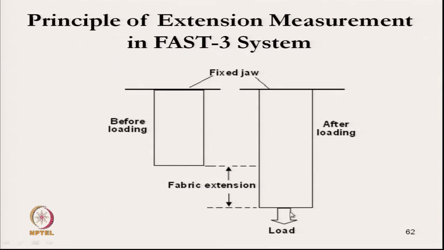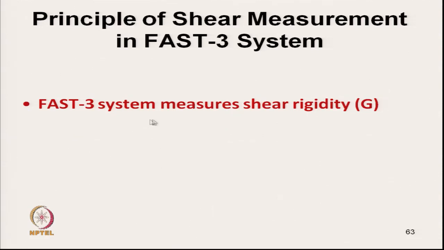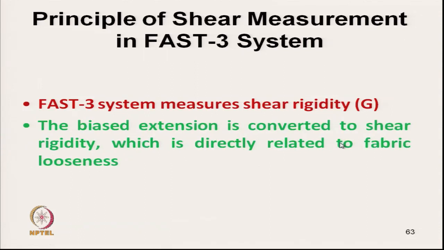It is simple, by simple loading. Here we are not talking about unloading, and we are not talking about a continuous increase in load. The FAST 3 system measures the shear rigidity also, and biased extension is converted to shear rigidity, which is directly related to the fabric looseness.